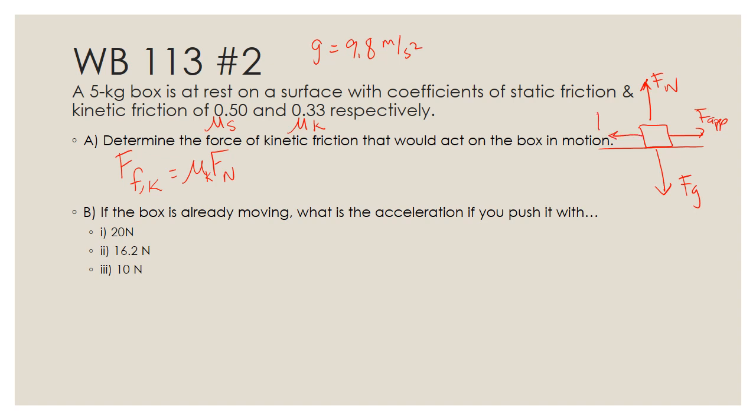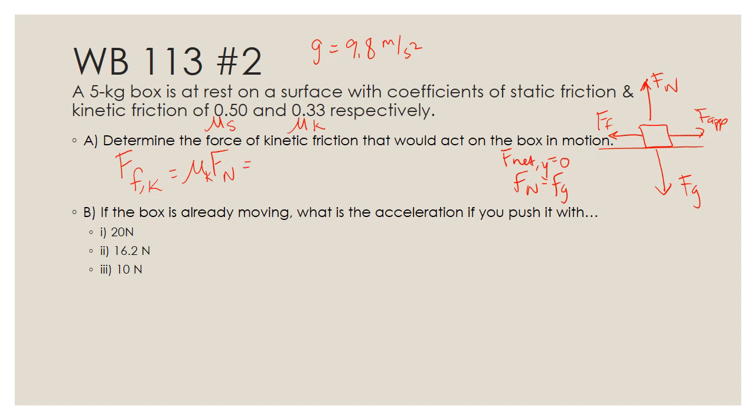Either way, there's my force of friction. I'm looking for just knowing what that force is. So that's my coefficient times normal force. What's the normal force in this situation? Well, here, since the net force in the y direction is 0, then I know that my up force equals my down force. So in other words, my normal force equals the weight of the object.